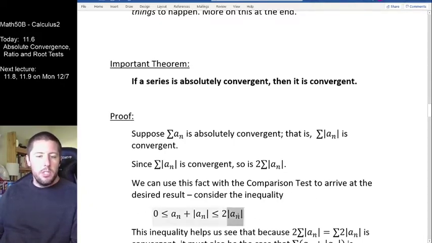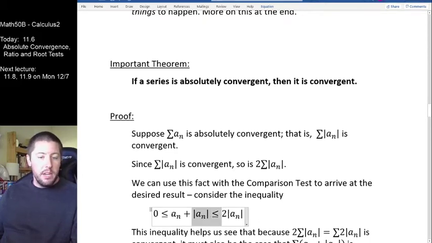And what this inequality is doing is helping us set up a comparison test. We can see some comparisons that we can make right here. So here's what I know. We just determined, based on our hypothesis here, that 2 times the absolutely convergent series converges. So I know that the series with terms that look like that converges.